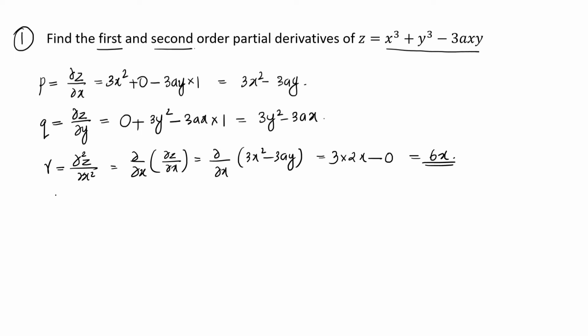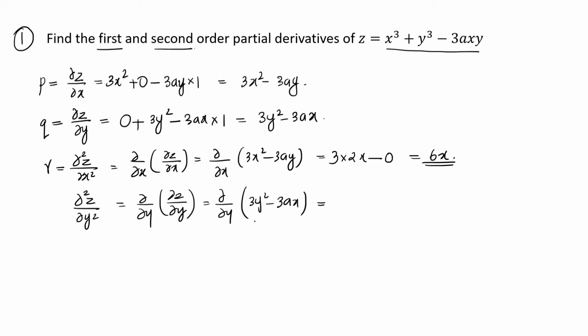Okay, now we will find dou square z by dou y square. That is equal to dou by dou y of dou z by dou y, which is dou by dou y of 3y square minus 3ax.